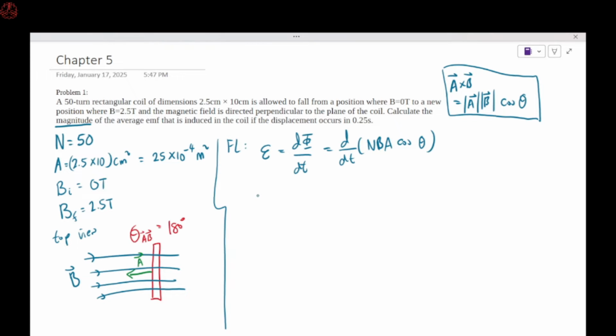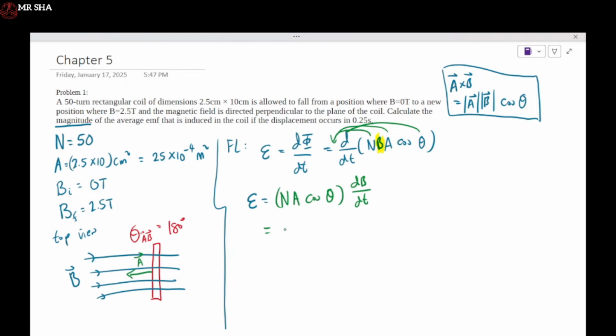Okay, so my epsilon is going to equal, number of turns doesn't change, so I can bring it out the front. I can take out N, and I can take out A, but I have to maintain B. The angle also doesn't change, so I can move it to the front as well. Basically N, A, and cos theta don't change, so that is at the front, multiplied with the rate of change of magnetic field.